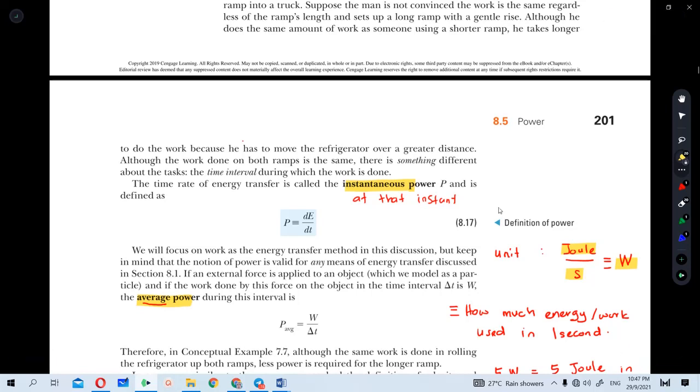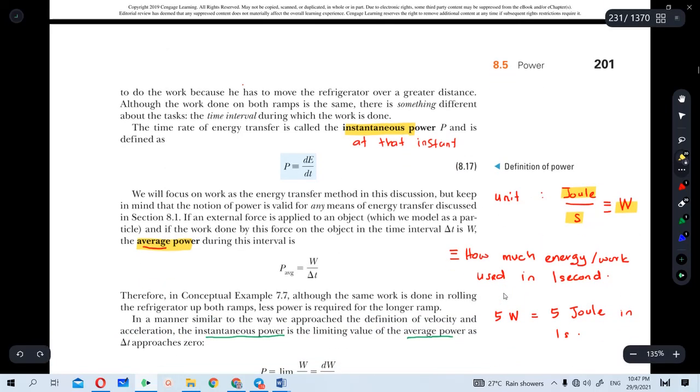Okay, watts. Now, another way to convey what power is: in ordinary terms, it's how much energy is used within 1 second, or expanded, digunakan dalam tempoh 1 saat. For instance, 5 watts represents 5 joule in 1 second.